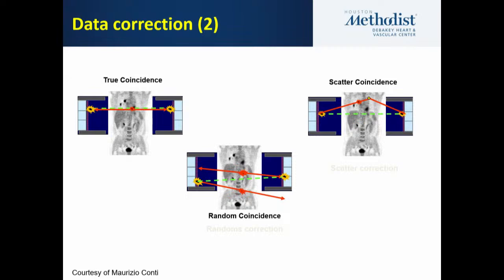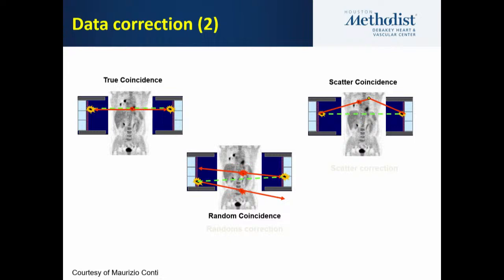So there is a chance that two photons hit randomly at 180 degrees and make you think that there is a true event. But there are even nanosecond differences that the technology is now able to differentiate.